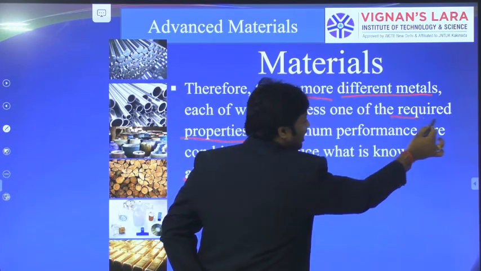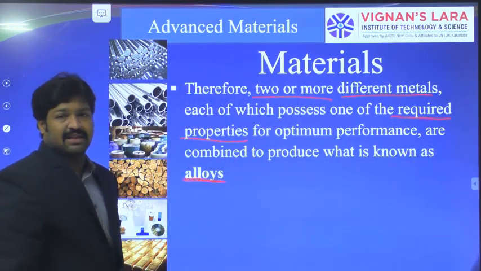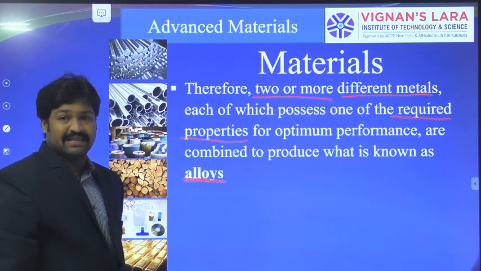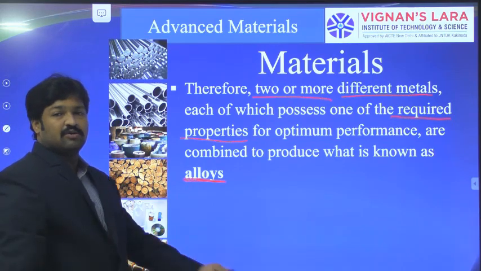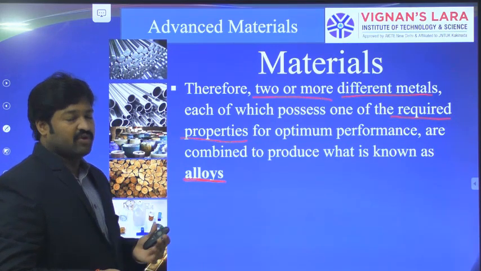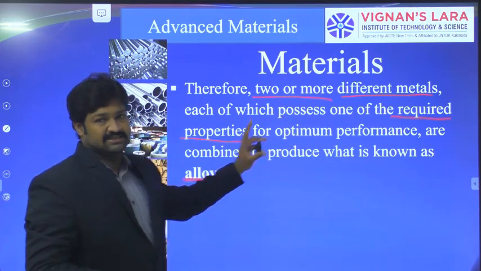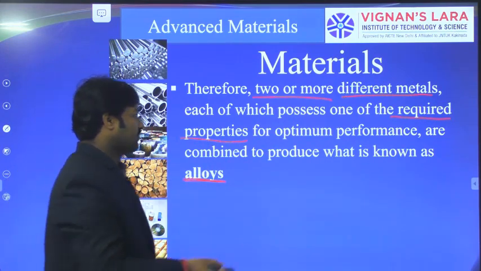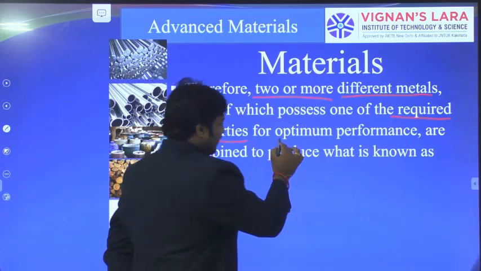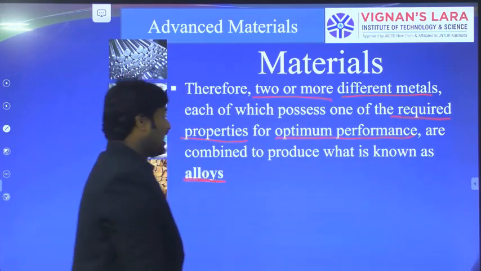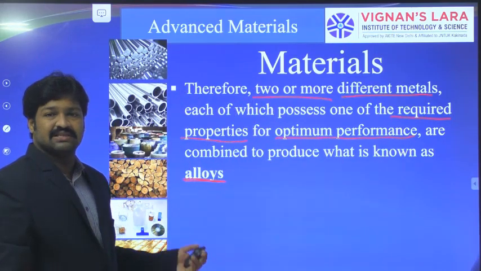As we know, a single monolithic material does not have all properties. To satisfy the desired application, we are adding different materials which have one of the required properties for optimum performance, and they are combined to produce what is known as an alloy.